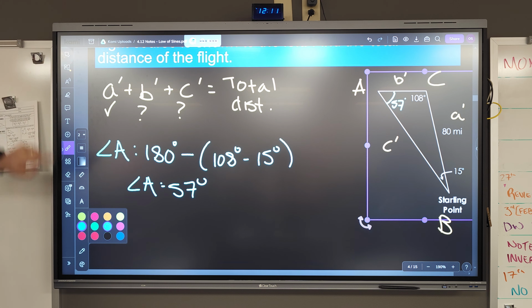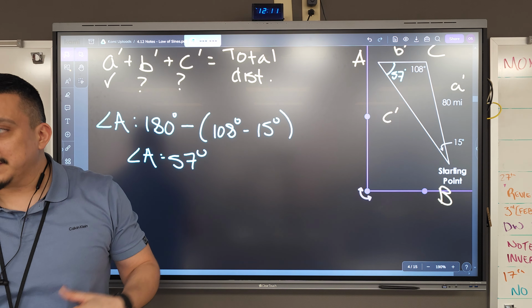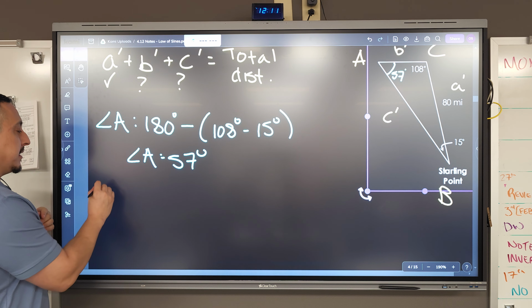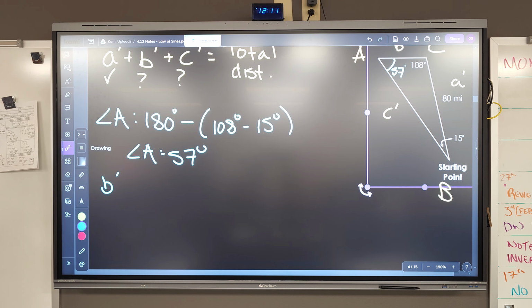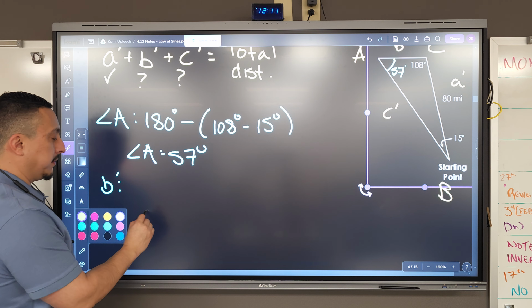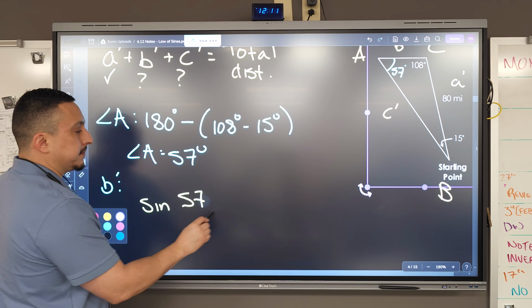So now we make a choice. Who do we want to solve for first? It doesn't matter, just pick one. So we need B and C. Let's look for side B. You could look for side C first if you wanted, but the point is we need both sides. For side B, we need our fraction A, because that one's complete.